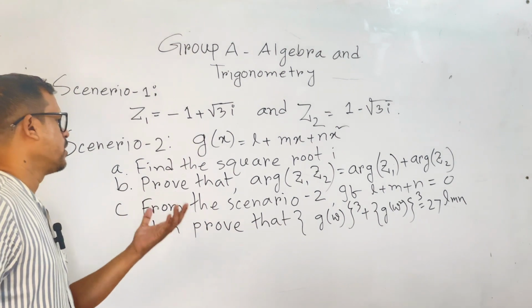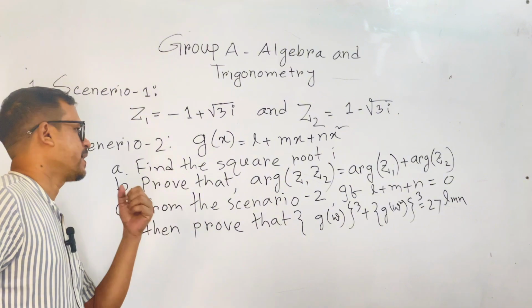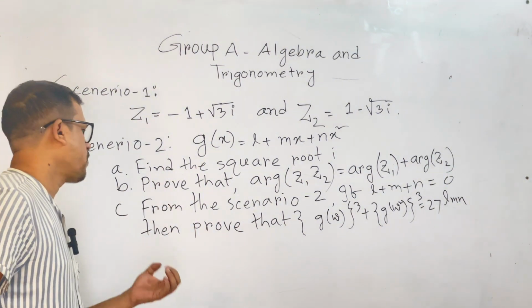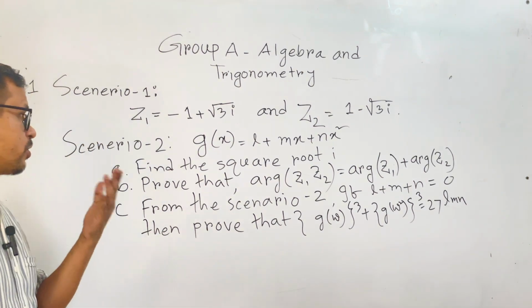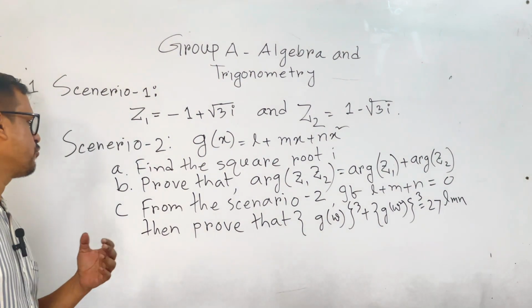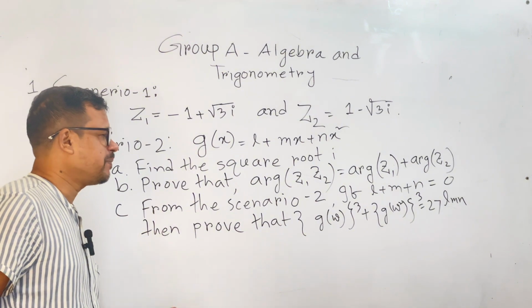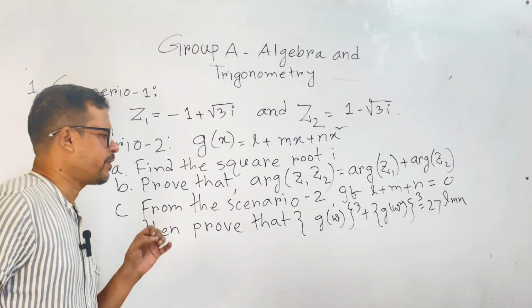Scenario 2: function f(x) equal to l plus mx plus nx square. A, find the square root, prove that argument z1 z2 equals argument z1 plus argument z2.